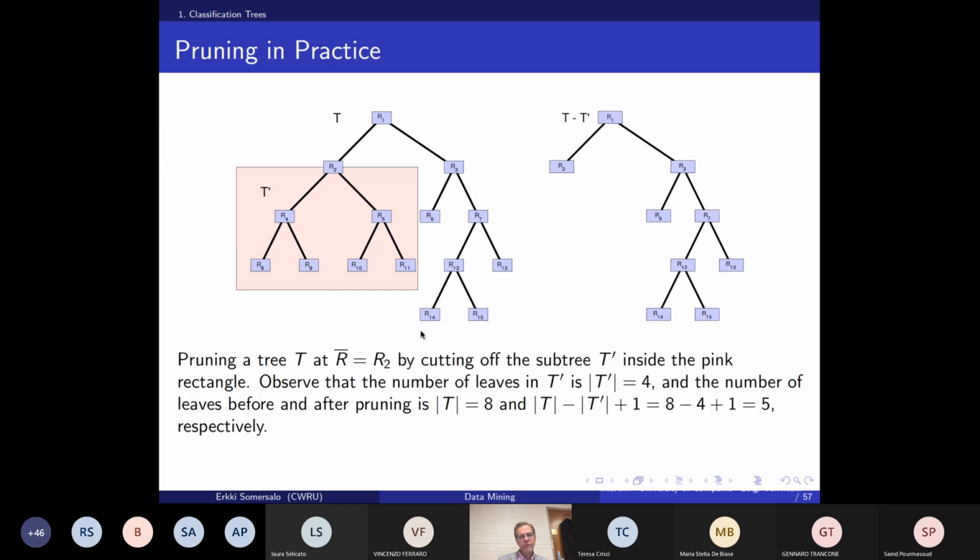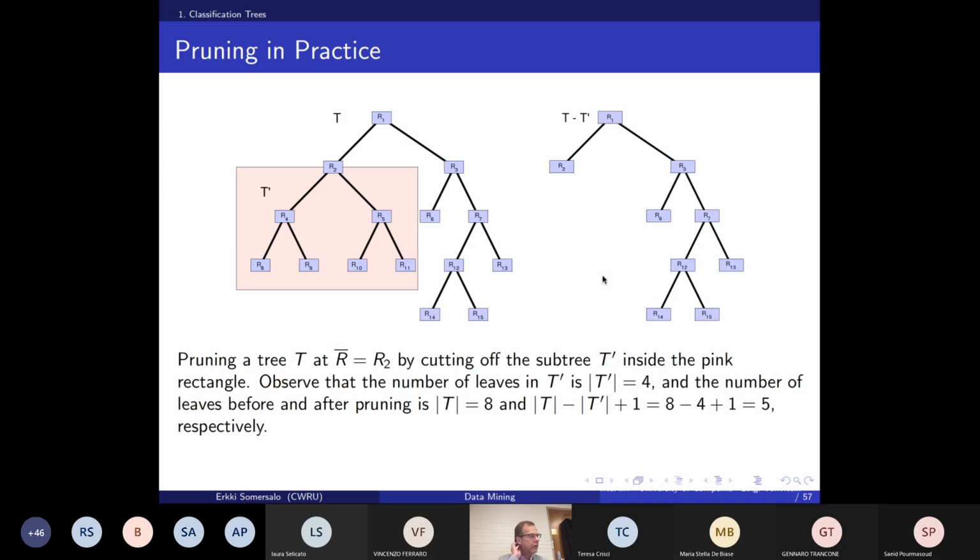And just for future, let's look at how many leaves we have in these two trees. If you look at this tree on the left, you see that we have 8 leaves: 1, 2, 3, 4, 5, 6, 7, 8. So these are the leaves. And if you look at this pruned tree, we have 5 leaves: 1, 2, 3, 4, 5.